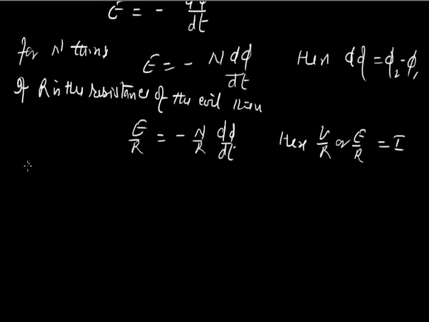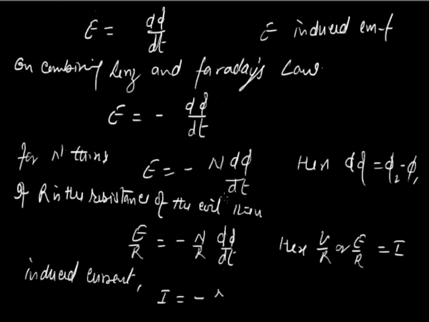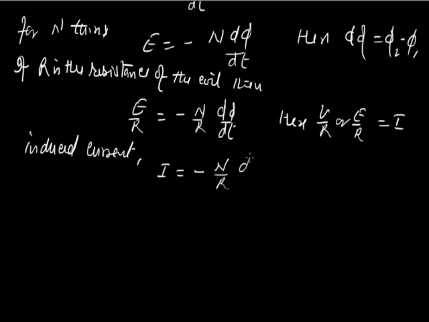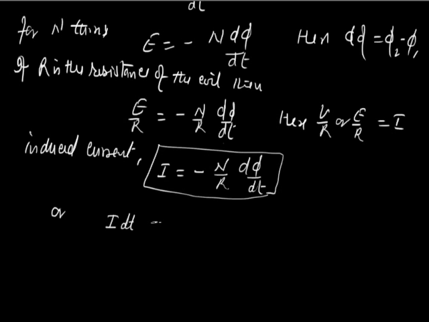So the induced current I will be minus N upon R into d phi upon dt. We can also write I into dt is minus N upon R into d phi, because I is Q upon T, or I into dt is dq.